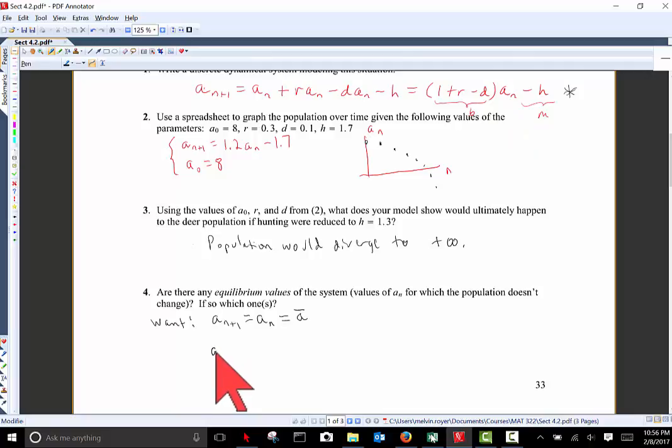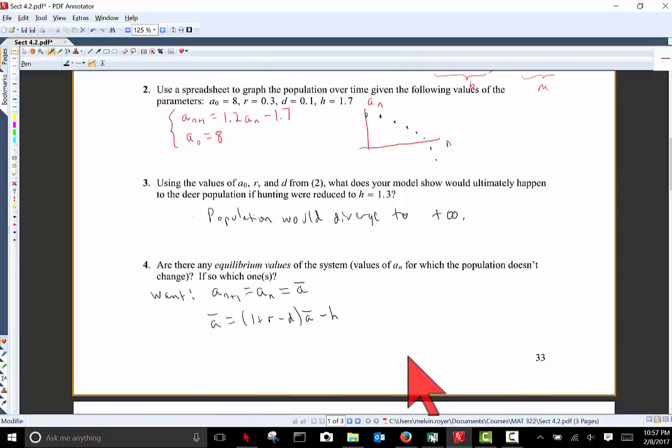So I end up getting a bar equals 1 plus r minus d times a bar minus h. So notice the sub n is gone. I don't have to keep track of the year number anymore because I'm assuming that the population doesn't change from year to year. And that helps a lot because now we're trying to solve this equation for a bar, and it's easy. This is just a linear equation.